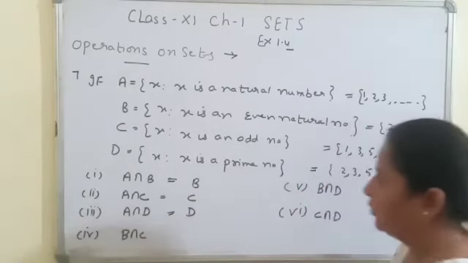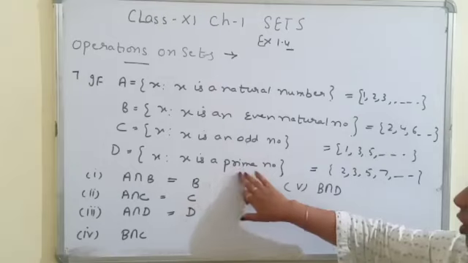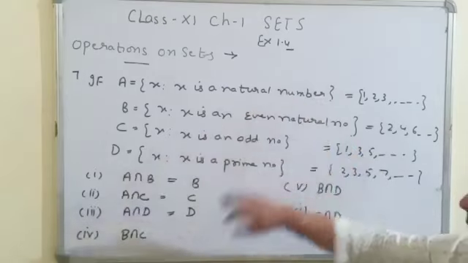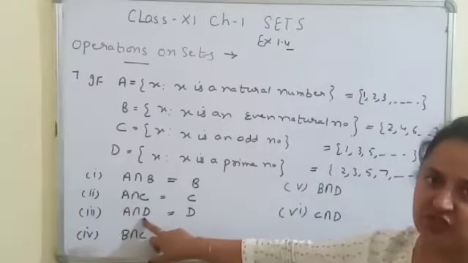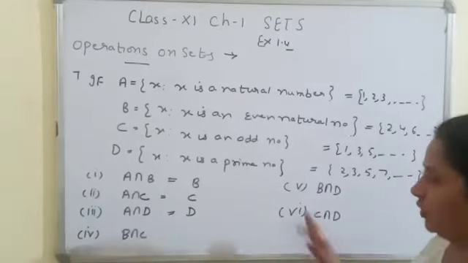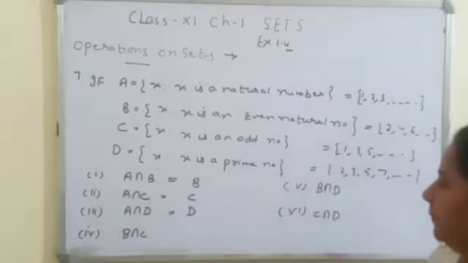It means we write only the prime numbers, because all prime numbers are present in the natural numbers. So the answer for A intersection D is the set D.